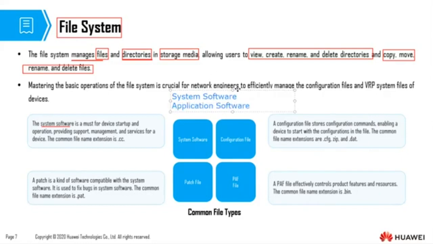The system software is used to manage the hardware and to provide the platform where you can install the application software. Application software is used to perform specific tasks.